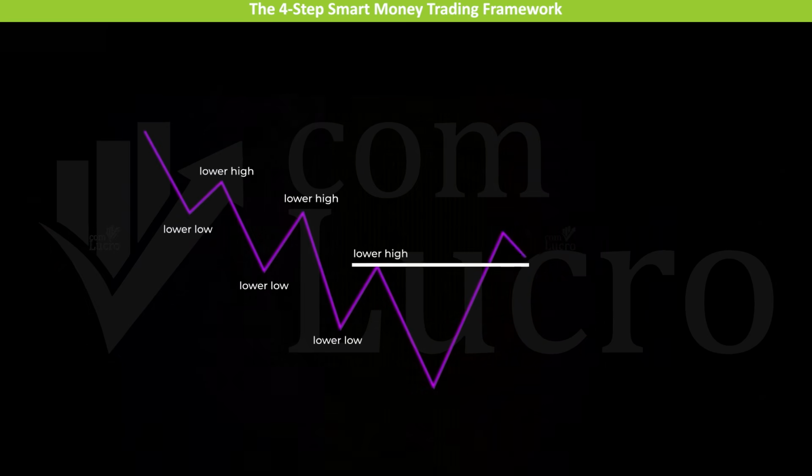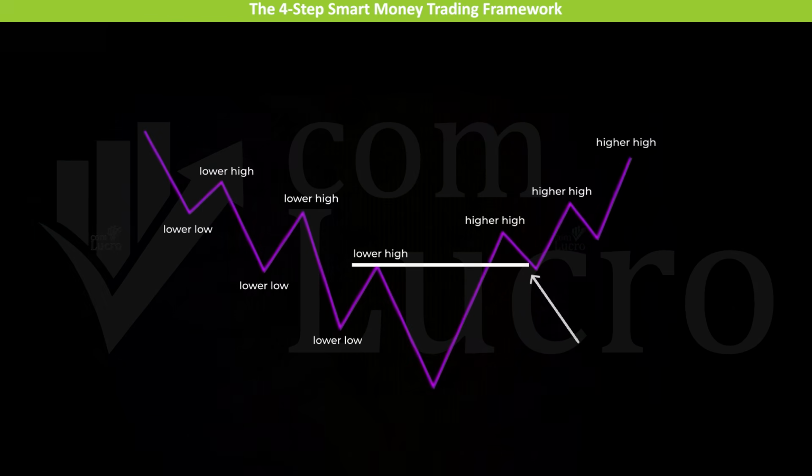Later, if price breaks the previous highs and forms higher highs during a downtrend, that move is again referred to as a change of character, or CHoCH. This is a brief overview of how break of structure, BOS, and change of character, CHoCH, work together to describe shifts in market direction. Now let us apply this directly to the chart and see how structure guides our bias.